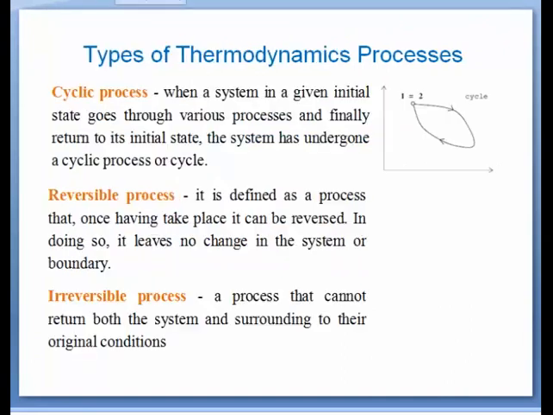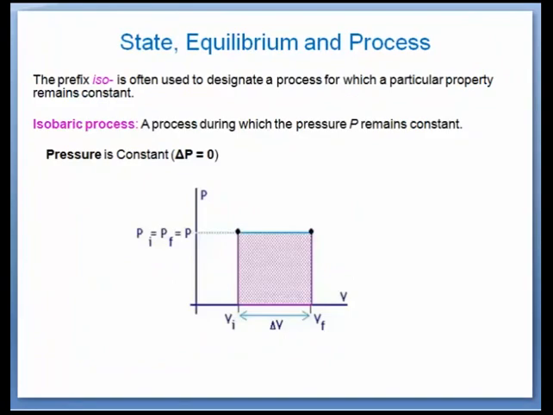You must be aware of some processes, that is isothermal process, isochoric process, isobaric process, isentropic process. This word iso is used to designate a process for which a particular property remains constant.